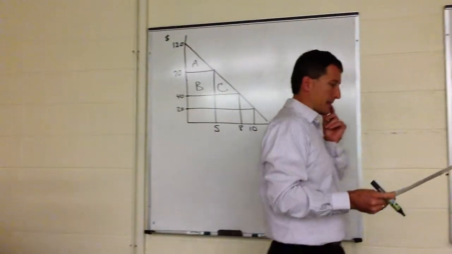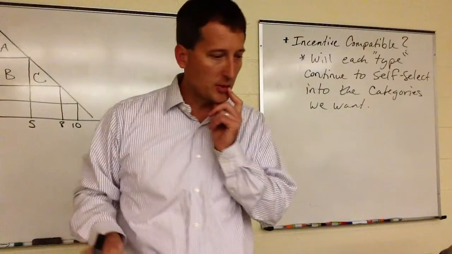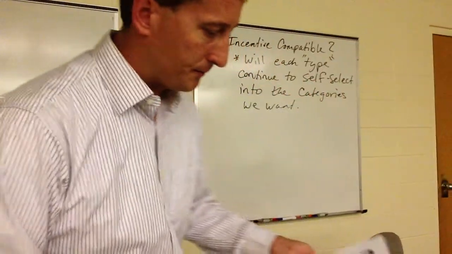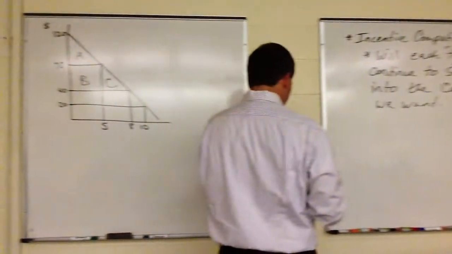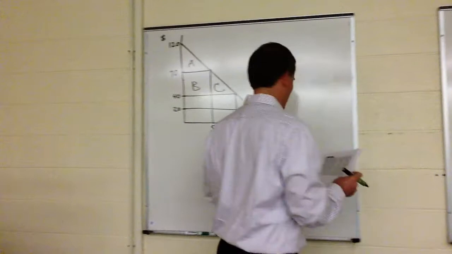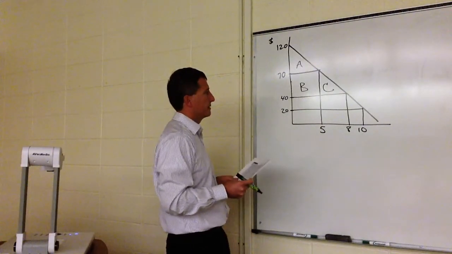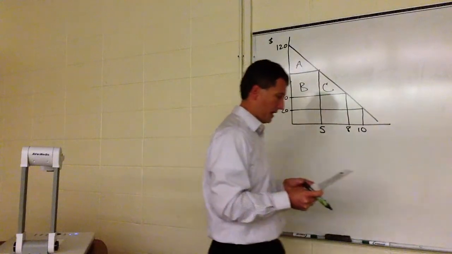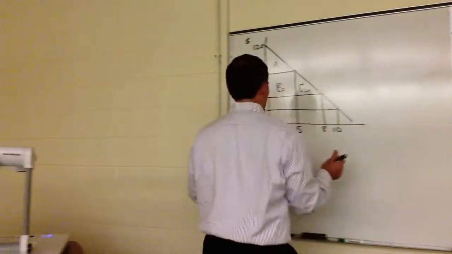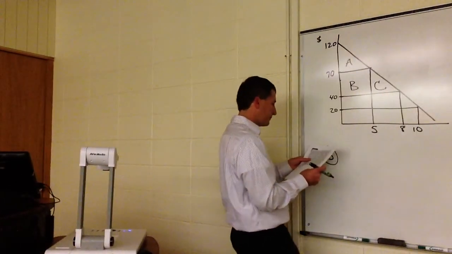So what I want to do is look at the consumer surplus areas. We're going to look at forcing people to buy the 10 units at each one. So this was the part B part that we were coming up with.